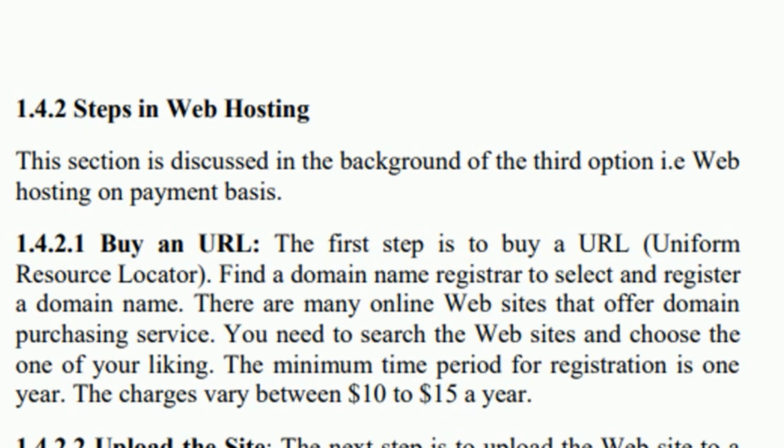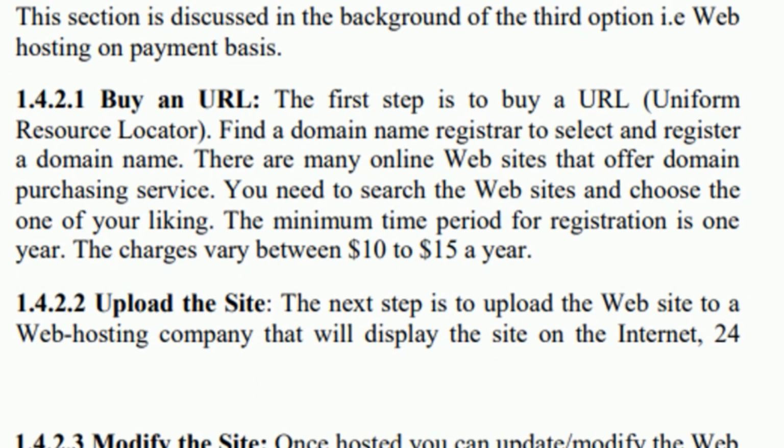And the second step is uploading the site. To upload a site to a web hosting company, we need internet and we need separate upload software. There is download software as well as upload software.